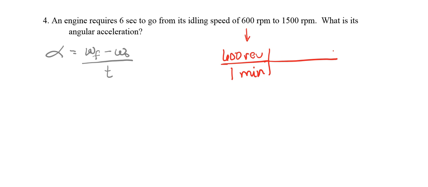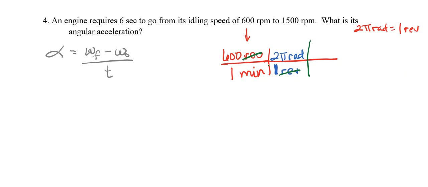I know that there are 2 pi radians in 1 revolution. To make my revolutions go away, I need the 1 revolution on the bottom, which means the 2 pi radians are on top. That causes my revolutions to cancel.